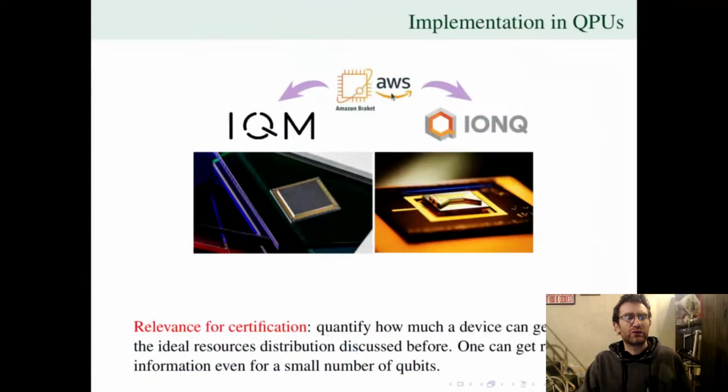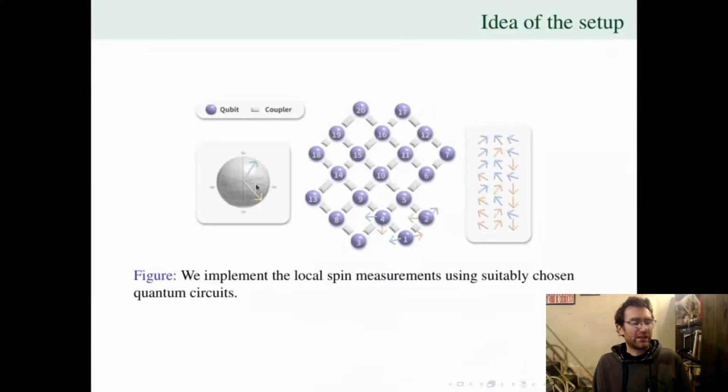Here what we do is to use AWS Braket to access different quantum processing units. More specifically, we used a quantum computer from IonQ and a quantum computer from IQM to test these histograms, to make a sort of implementation of the histograms that I showed you before, and try to see how they perform.